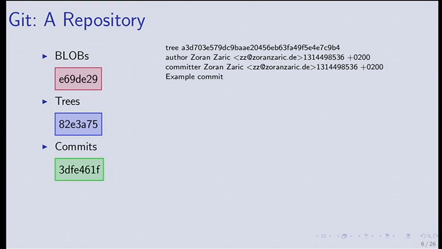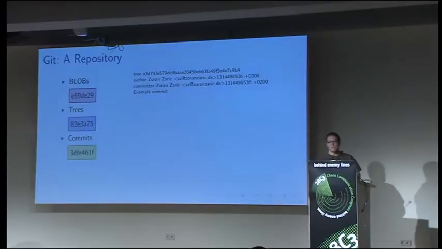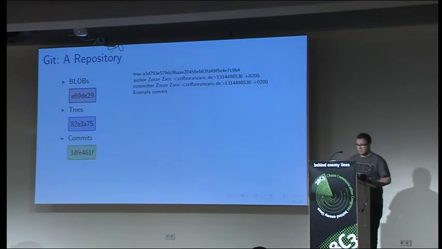Third are commits. You probably know what a commit is. Commits are snapshots of the state of a repository at some point in time. They always have a reference to a tree, and they might have a reference to a parent, unless they are the most recent commit.